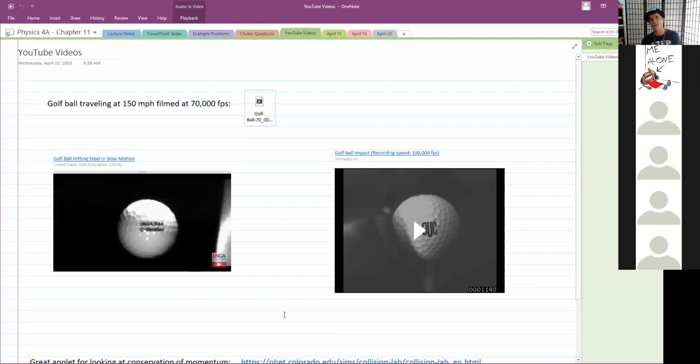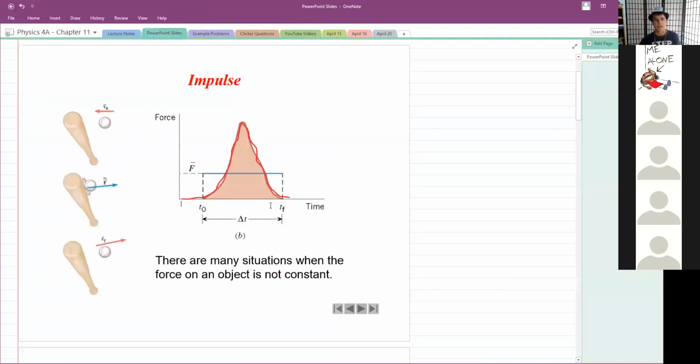But again, you can imagine if I were to actually plot the force as a function of time, it is most definitely not constant, and it looks more like something along these lines.